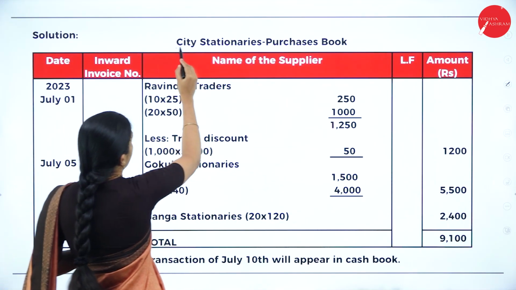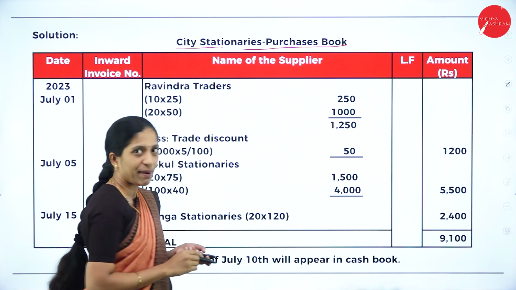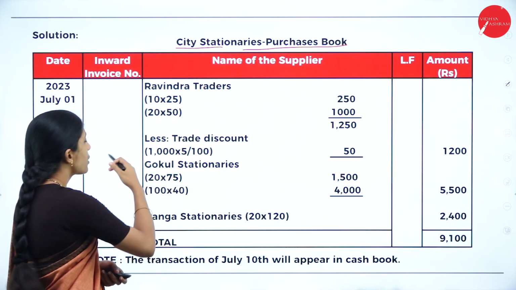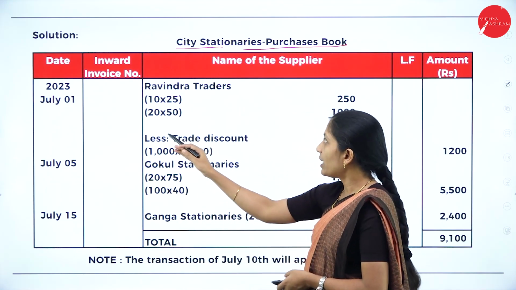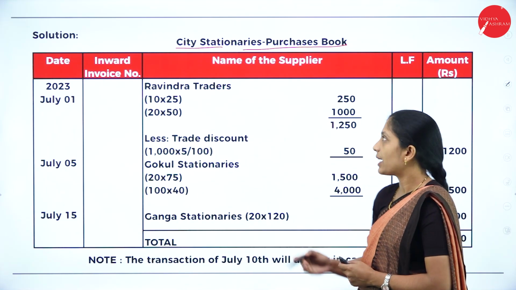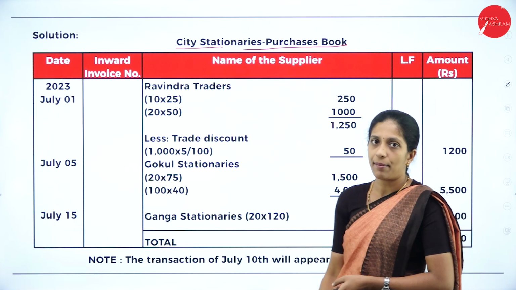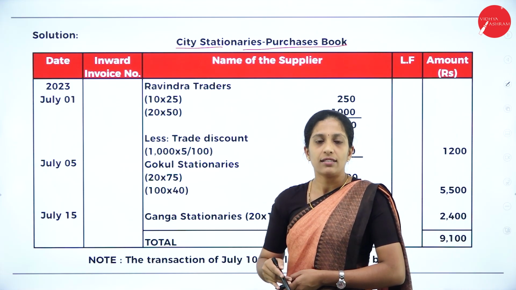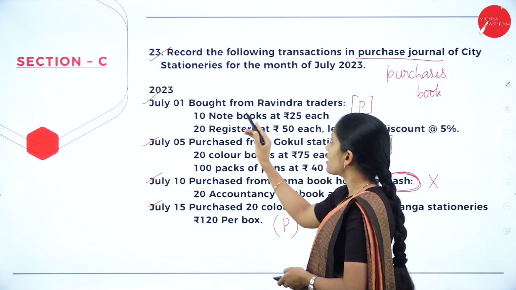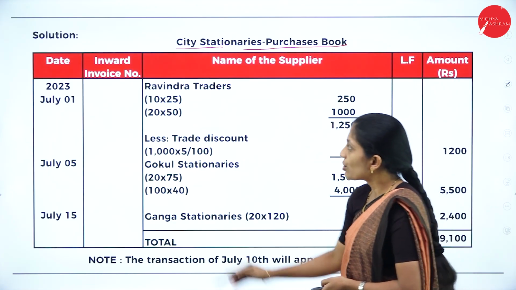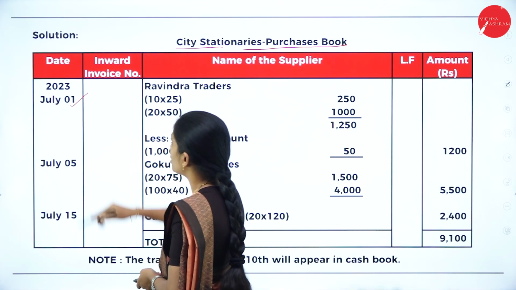Now, we will write the heading City Stationeries, and we are preparing what? Purchases book. So, what is the format of your purchases book? Date, inward invoice number, name of the supplier, ledger folio and amount. Now, let us see one by one the transactions that have to be recorded in your purchases book. So, July 1st, bought from Ravi Traders. So, you will write the date July 1st, 2023.